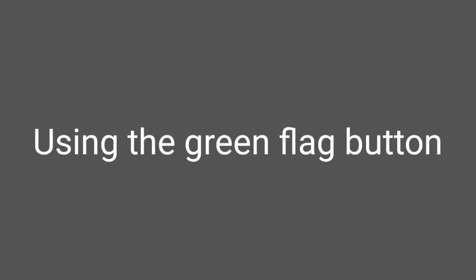In order to run all the scripts you have to click on each one of them individually. This is what we studied in our last classes. But by using this green flag button we can run all the scripts simultaneously or at the same time. That is the use of the green flag button.